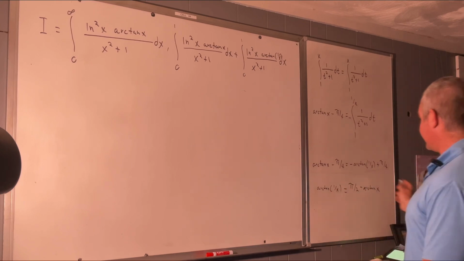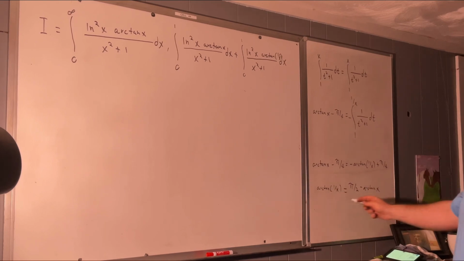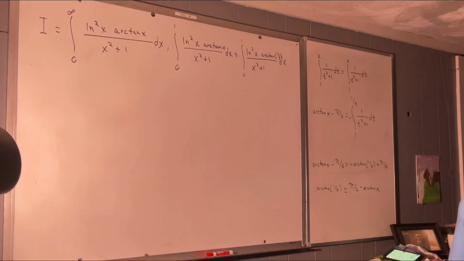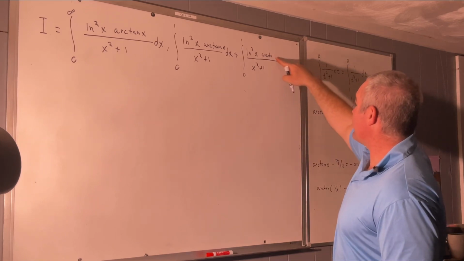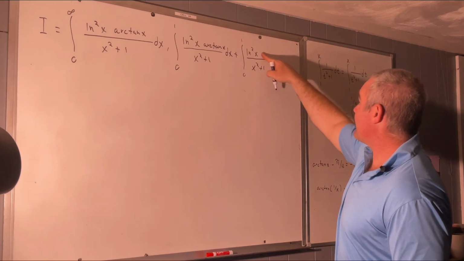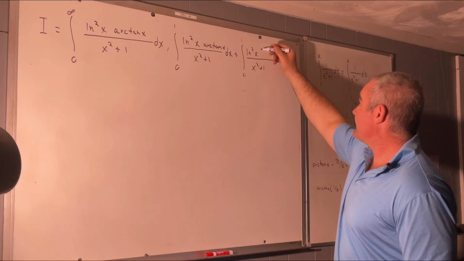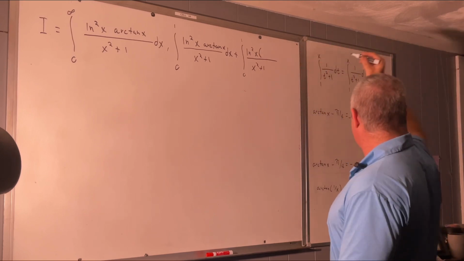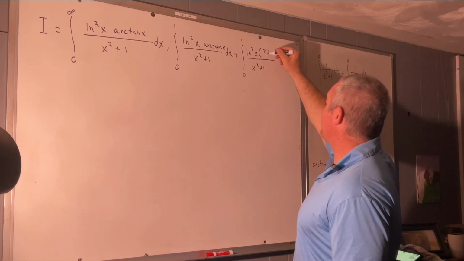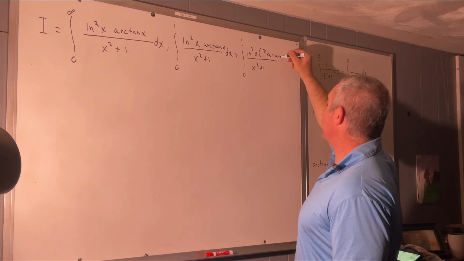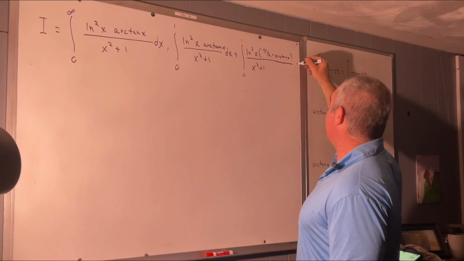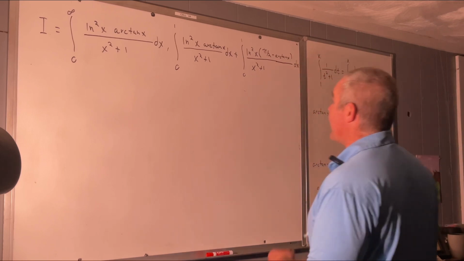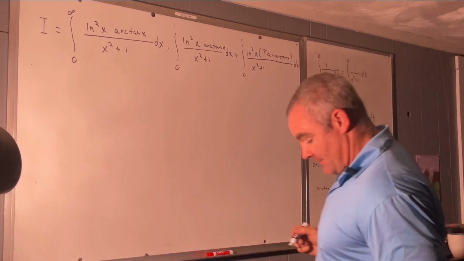Yeah, that's the identity right there that I wanted to show. So we can replace this arctangent 1 over x with that expression right there. So we'll say this is pi over 2 minus arctangent x dx. All right, so now something really nice happens.